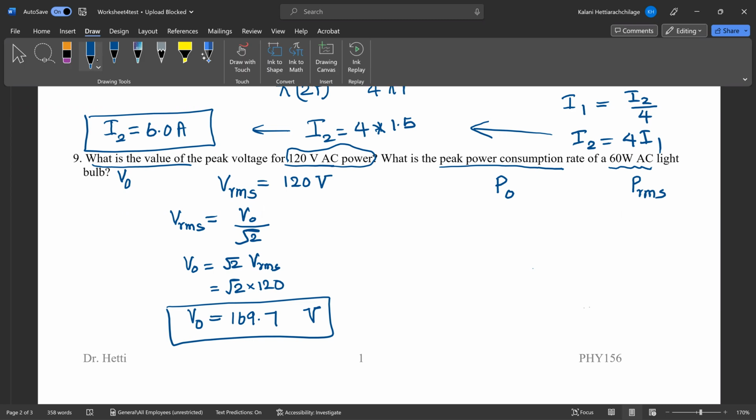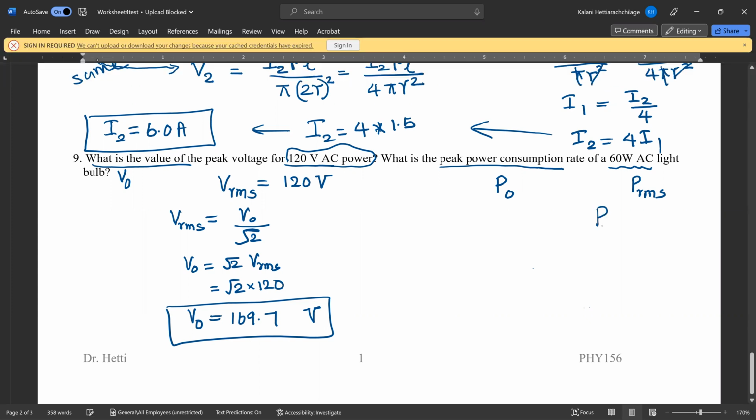PRMS given and we need to find the P naught. But be careful, PRMS is not equal to P naught over root 2. So this is wrong. Okay, there is no that relation. This is not correct. Okay, so check how we going to connect these two first.